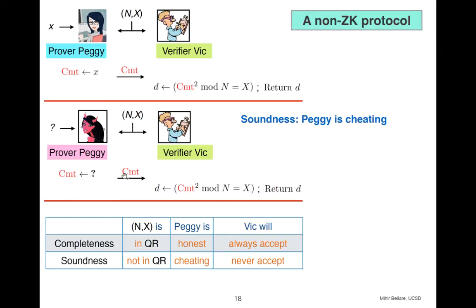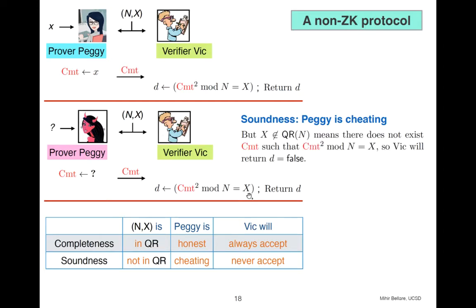But what we notice is no matter what she sends, if big X is a non-residue, there is no way the verifier will accept. Why is that? Because this big X simply doesn't have a square root. No matter how hard Peggy works, she cannot find any value here whose square is big X. And that's not a computational restriction, it's a mathematical one.